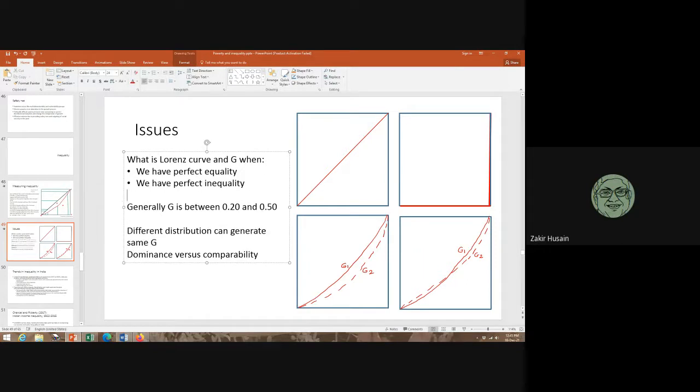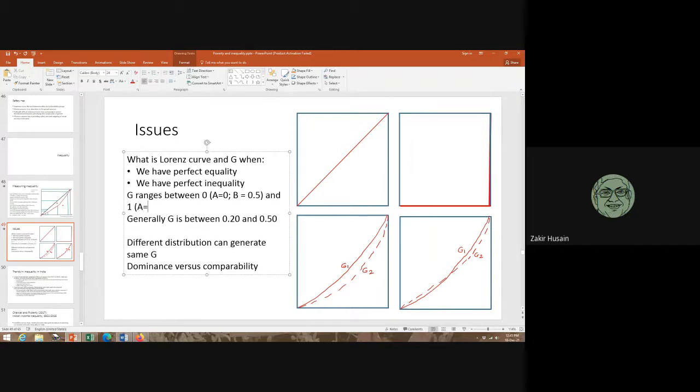So G ranges between 0 and 1. B is 0.5, A is 0.5, B is 0.